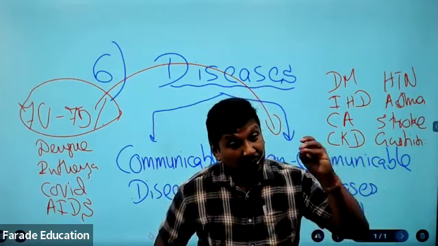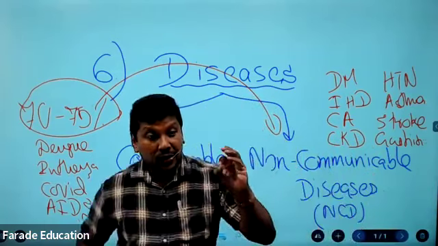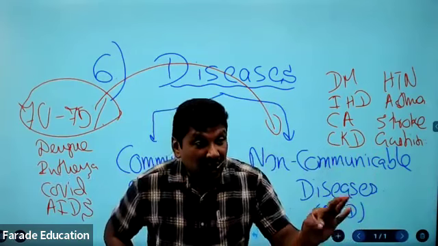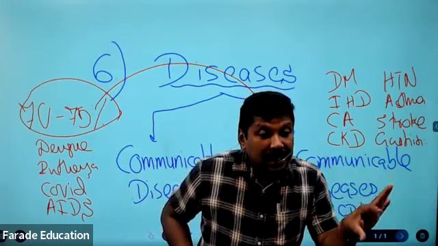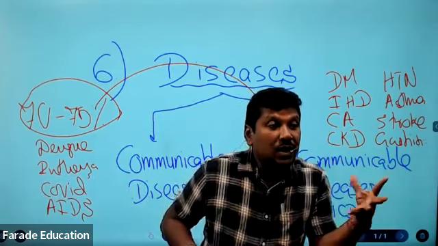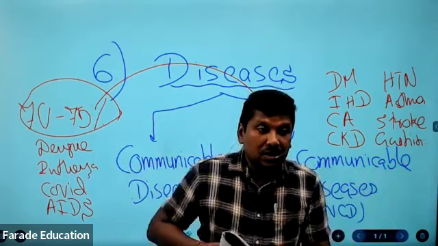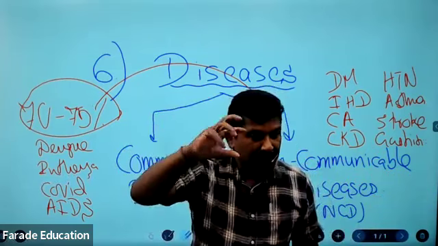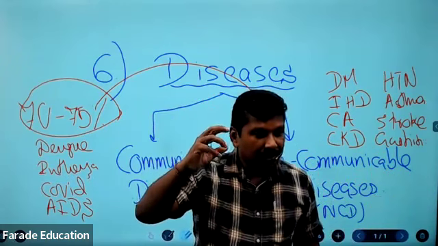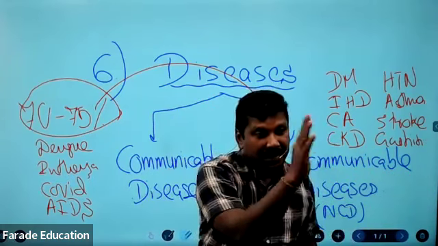So if you get a blockage of those arteries which supply the heart, that is called ischemic heart disease. So you don't get enough oxygen because the artery is blocked by a blood clot. So there is heart attack or ischemic heart disease.